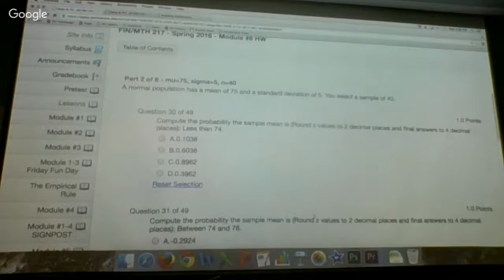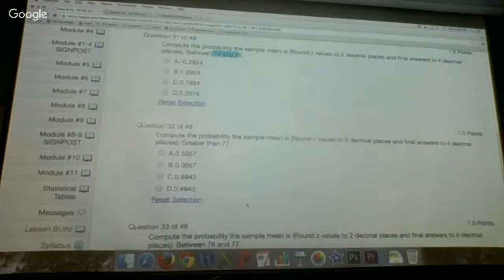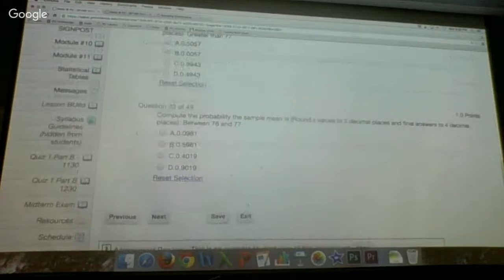And standard error doesn't change. So for question 30, less than 74. For question 31, between 74 and 76. For 32, greater than 77. And for 33, between 76 and 77. Let me point this out again, but visually.